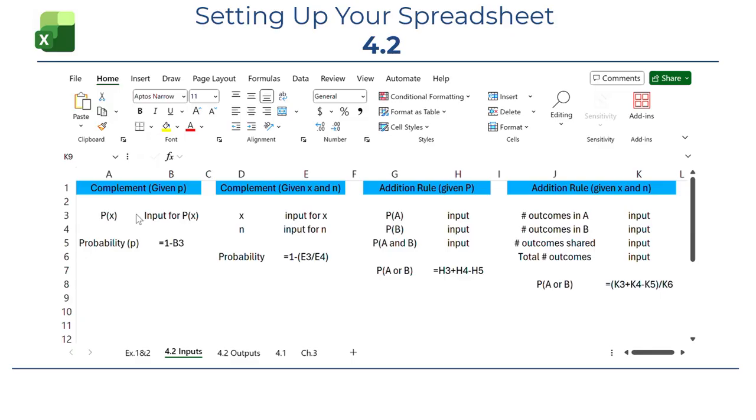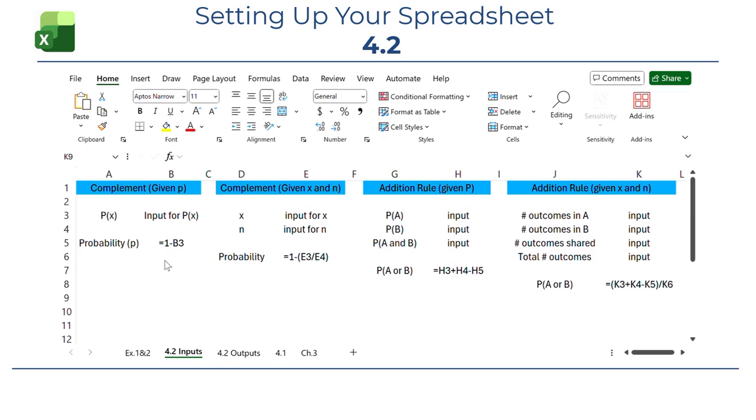Sometimes we're given the probability, so the complement probability would just be 1 minus the original probability, P of X. Sometimes instead we're given X and N, so 3 out of 15. So the complement would be 1 minus 3 divided by 15. So there's 2 different ways to compute the complement.